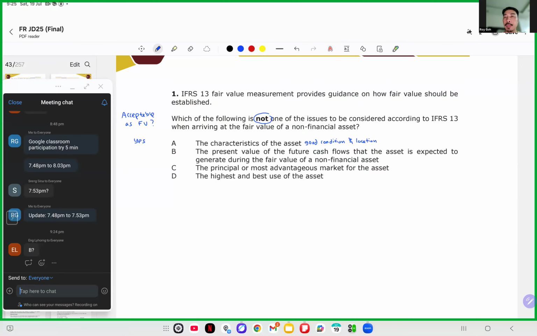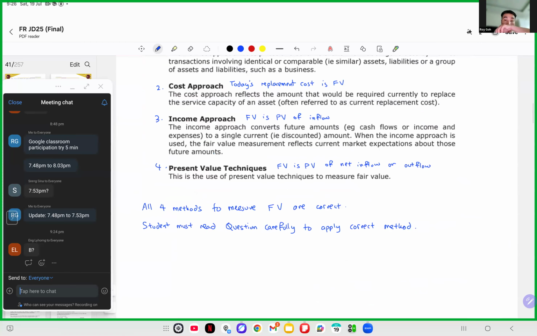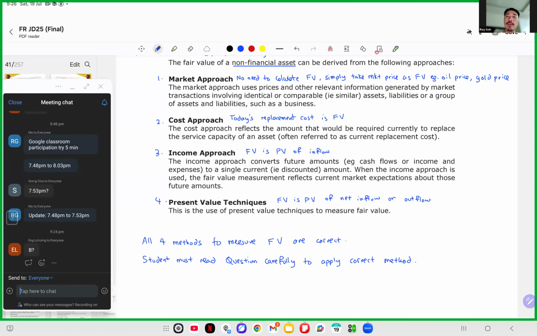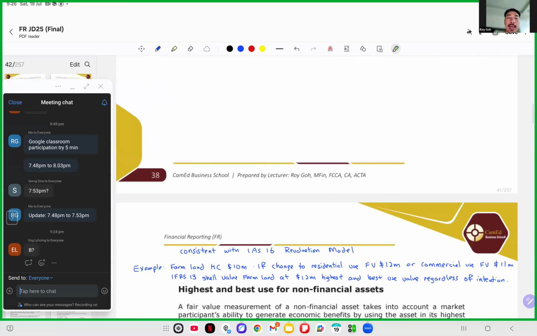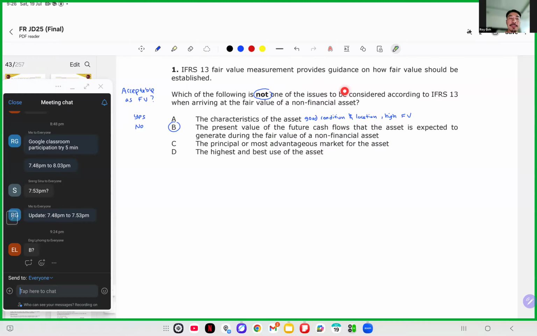You will have a high fair value, vice versa. So this is correct. The present value is actually no. But you say, wait, in your class, you teach me that present value is one of the, in fact, two methods that's allowed. So why do you say it is not? Be careful. The question is asking what to consider, not to measure. You see, not to measure.